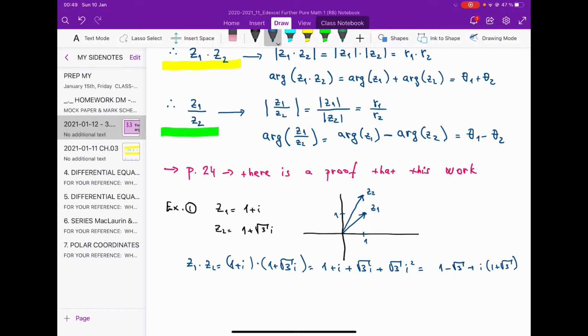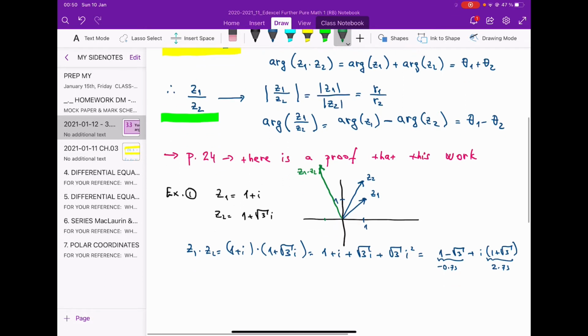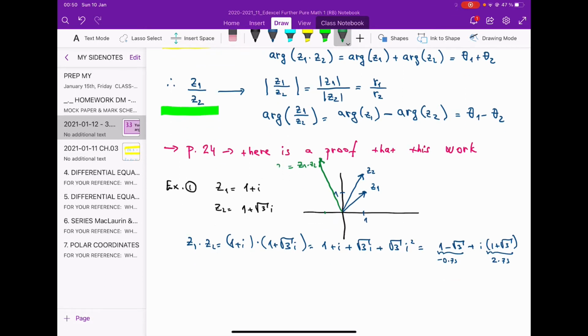This is roughly minus 0.73 and this is roughly 2.73. Because I just want to sketch it, it would be somewhere here, minus 0.73, and 2.73 would be somewhere here. So this represents the product z1 times z2. I'm going to call it z.